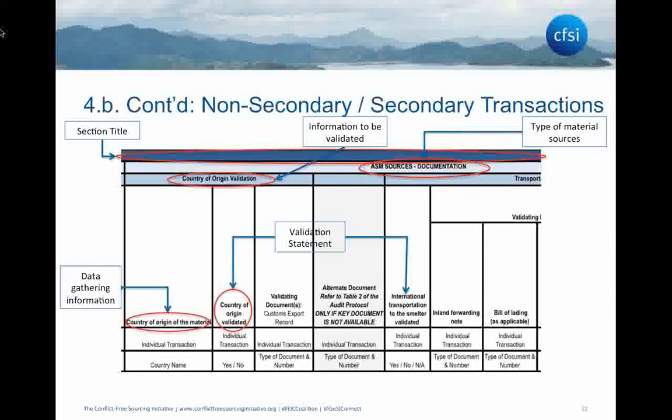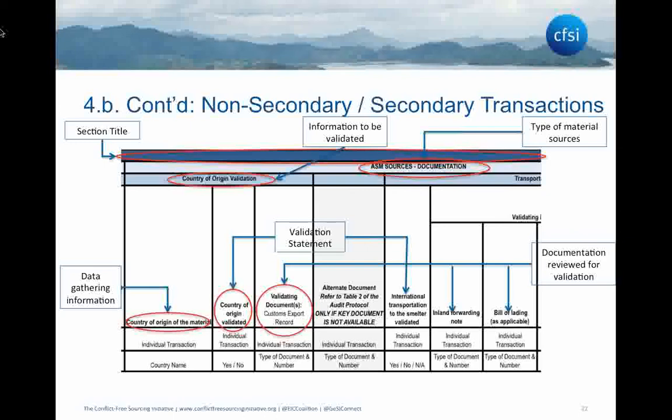So this is a summary statement for each validation element to determine whether or not sufficient documentation has been provided to validate that element. And in order to get to this conclusion of yes or no, the smelter needs to complete the different validating documents columns.